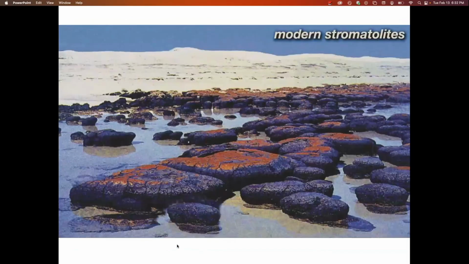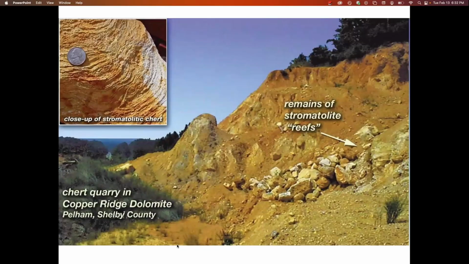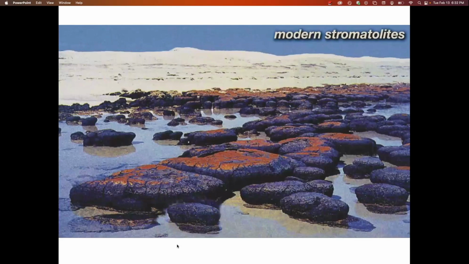And this is what modern day stromatolites look like off the coast of Australia. These dome-like clusters here are colonies of cyanobacteria. They're prokaryotes. And if you were to look at those in a cross-section shape, they consist of thousands of layers that are built up over time.